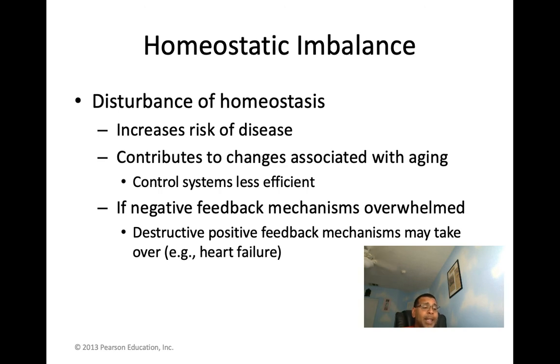As we age, our body's control systems become less efficient, and our internal environment becomes less and less stable. And these events increase our risk for illness. Or if we have our negative feedback mechanisms being overwhelmed.